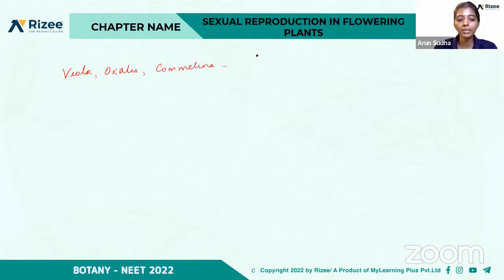So here they produce both chasmogamous and clistogamous flowers. Okay, so option B is the right answer.